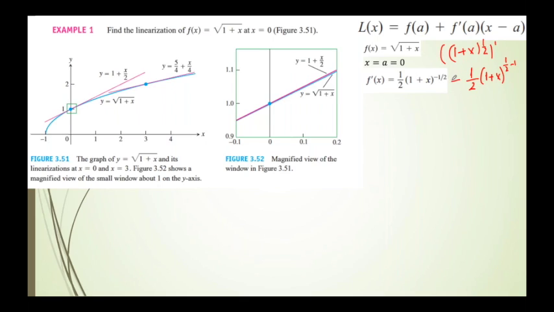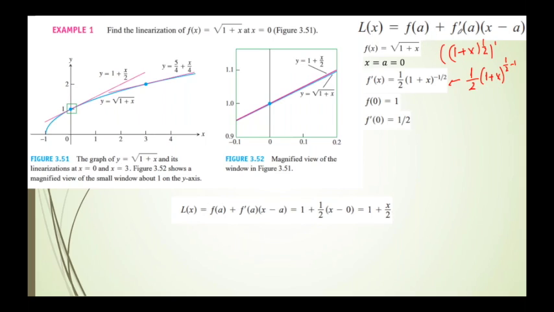So this is our derivative. Next we need to find f of a. So a is 0. When we substitute 0 in the function, we will get square root of 1, which is 1. And f prime of a: we substitute 0 in the derivative, and we will get 1 over 2.